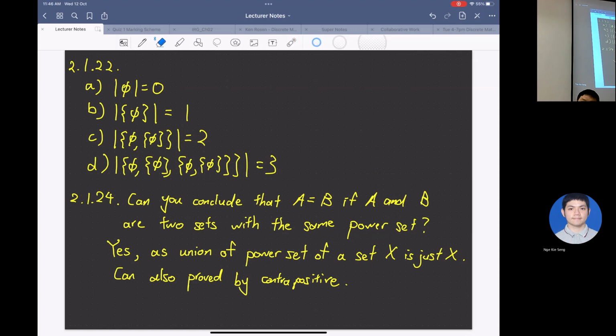So the union will become the set of A and B. Okay, so let me write down. Let me think how to write.